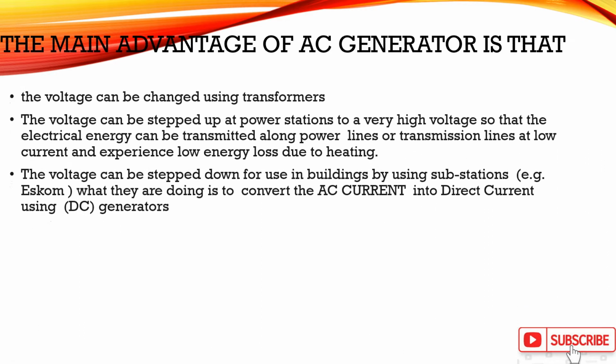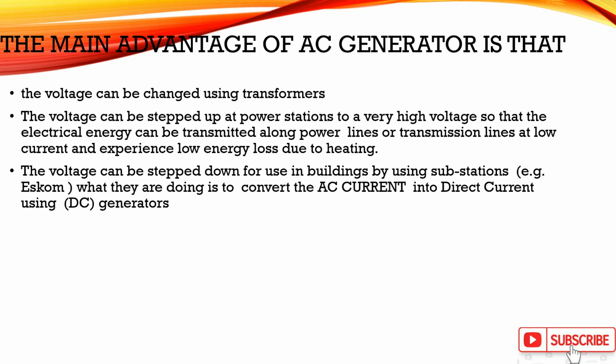The main advantage of the AC generator is that the voltage can be changed using transformers. The voltage can be stepped up at the power station to a very high voltage so that the electrical energy can be transmitted along power lines or transmission lines at low current and experience a low energy loss due to heating.